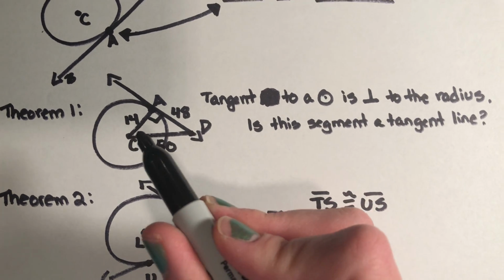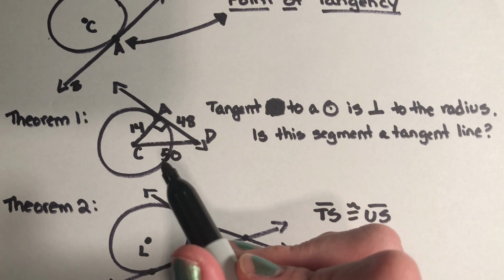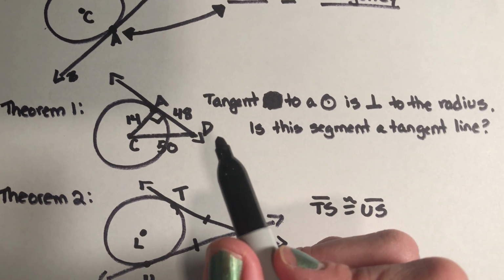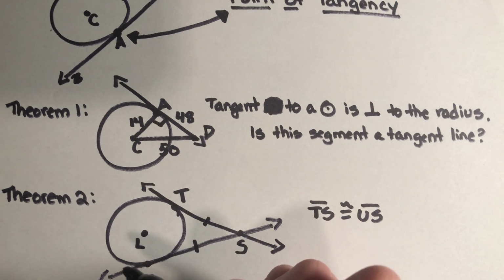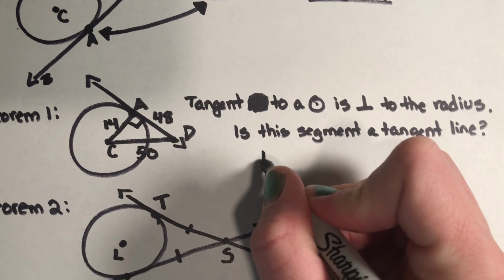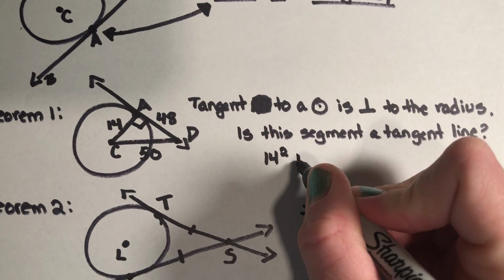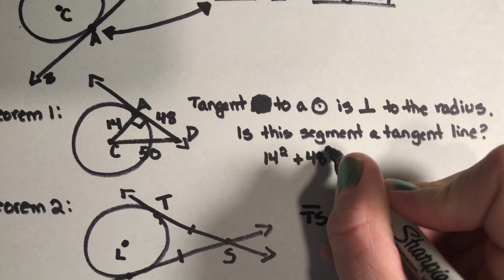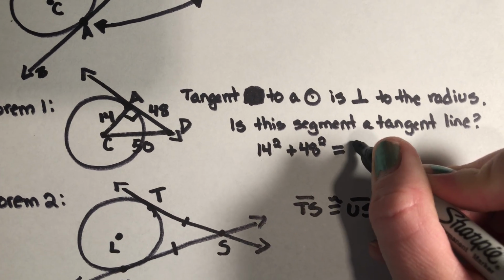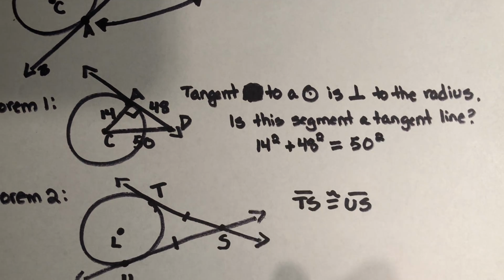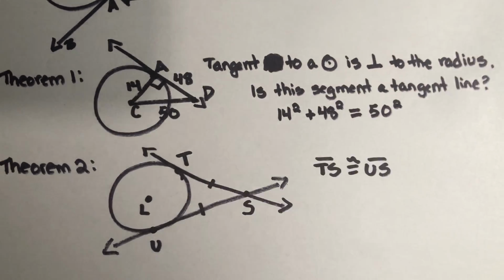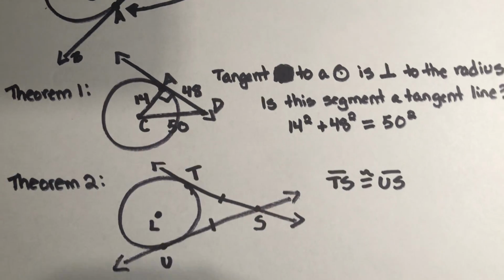Well, you're going to be doing Pythagorean theorem. If Pythagorean theorem works, then this segment is tangent. So that means 14 squared plus 48 squared should equal 50 squared. Let's actually pull out a calculator and check it.